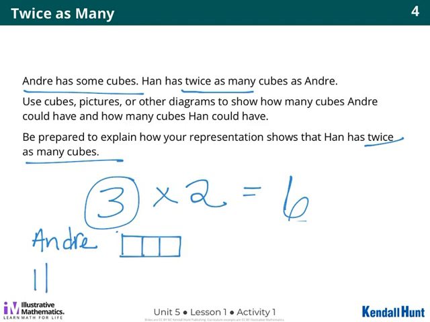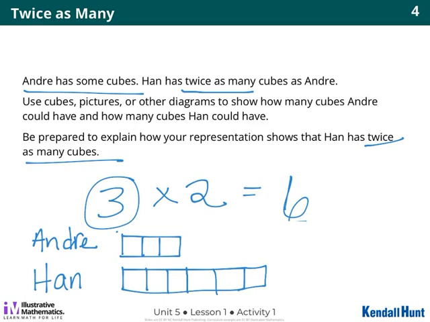And then Han would have to have how many? 6. So then your diagram would be like that. Is that 6? No, that's 5. One more line. 6. There you go. Okay. So something like that where you're drawing the cubes.